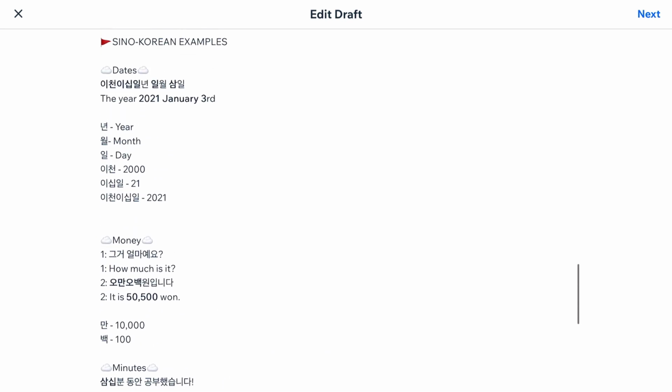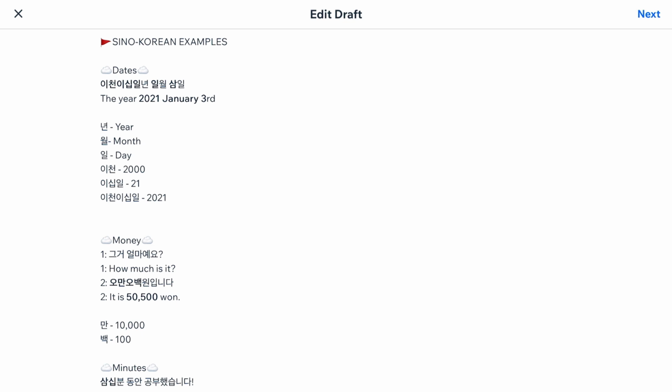So dates. Let's say the date is 2021, January 3rd. With the dates, we're going greatest to least. We're doing the year first, then the month, and then the day. So the year, 2021년. Make sure you put the counters there, 년.